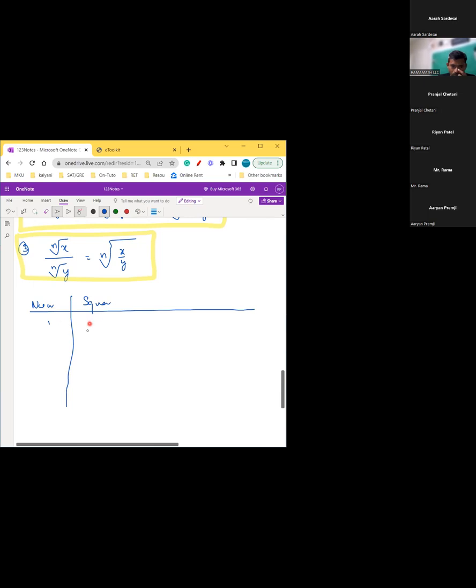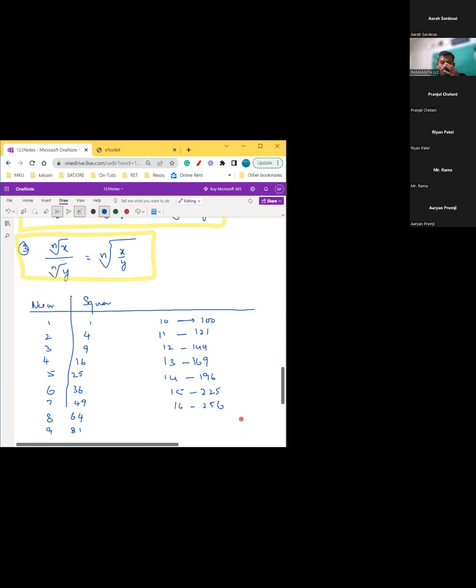So let's say 1 squared is 1, 2 squared is 4, 3 is 9, 4 is 16, 5 squared is 25, 6 is 36, 7 is 49, 8 is 64, 9 is 81, again 10 is 100, 121, 144, 169, 196, 225, 256.